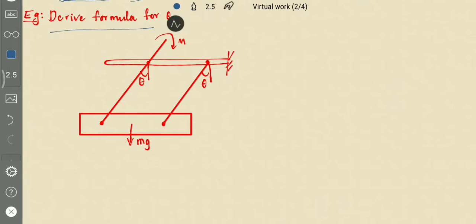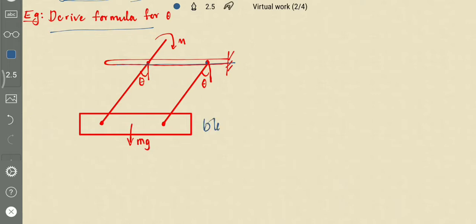The first example is to derive the formula for theta. So this is the problem. There is a bar here and two links are attached. These two links are attached to this rod by two hinges, and there is a weight here.